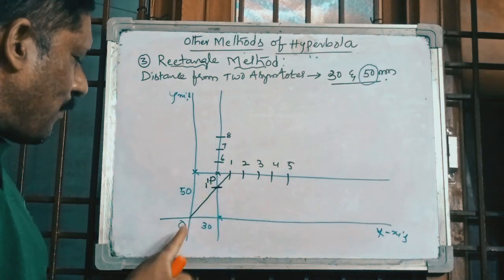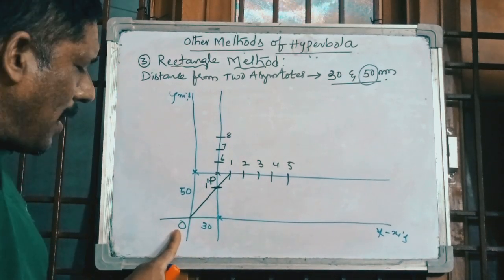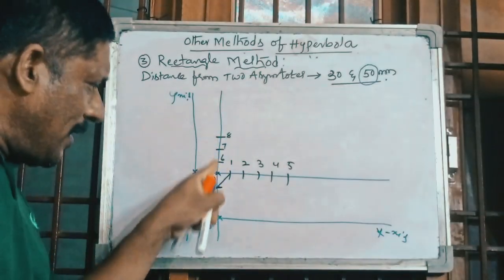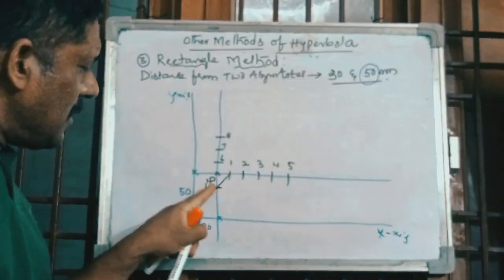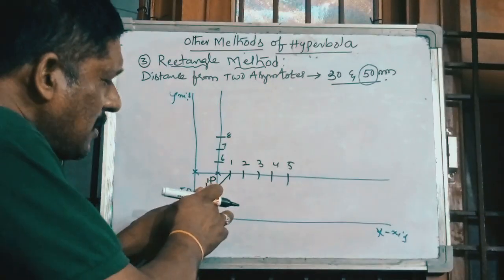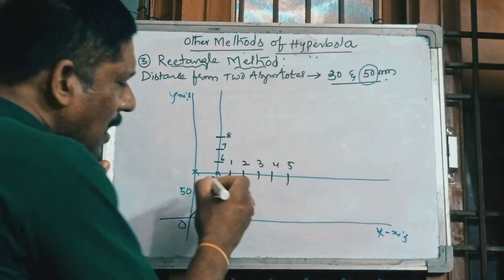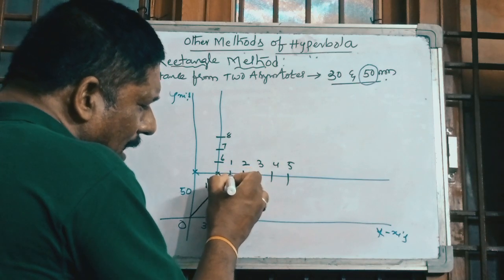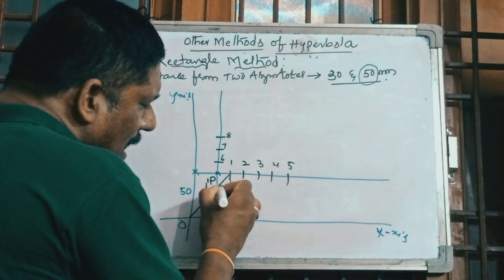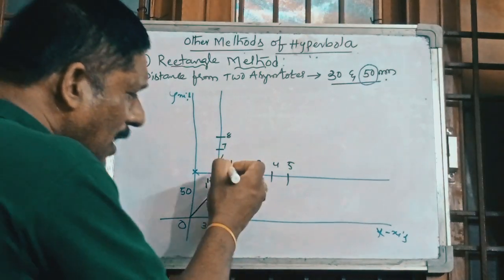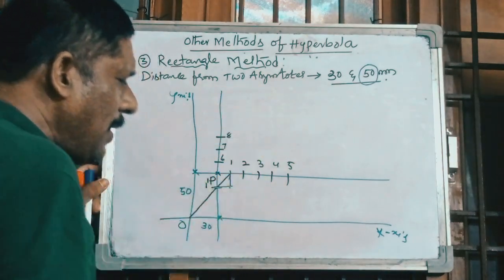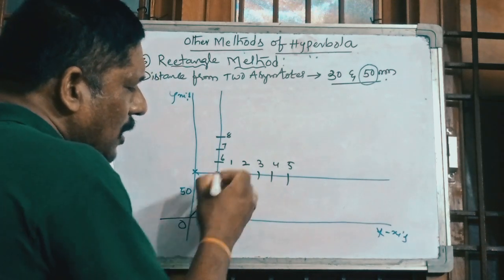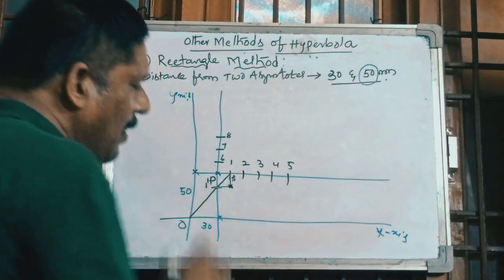So one line we are joining up to node point O, and it passes through the vertical axis line. This is 1 dash and this is 1. Here the logic is, from 1 draw a vertical line and from 1 dash draw a horizontal line. The vertical line should be parallel to the vertical axis line and the horizontal line parallel to the horizontal axis line. This is the reference point, which we can call P1.